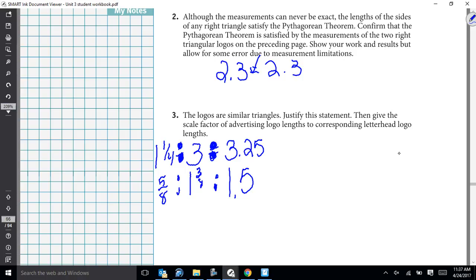Oh, it's double. So would we call that number that can get us from one triangle to the other for all our side lengths the scale factor? Yes, the scale factor. So what's our scale factor? 2.3.